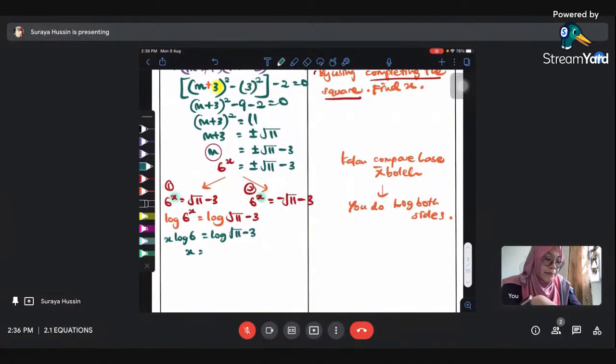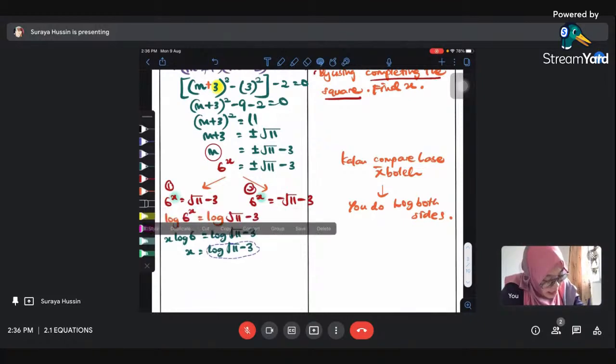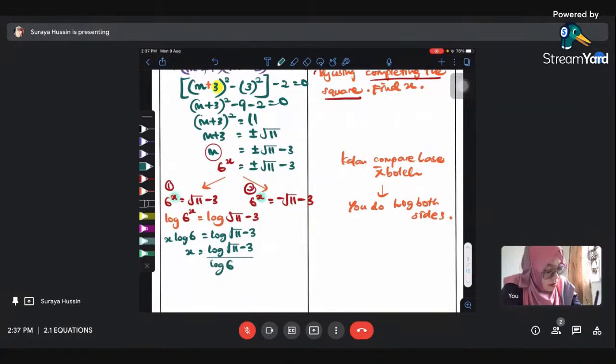And then I can finally make X as a subject. Saya duplicate je lah ya, senang sikit. And then I divide it with log 6. And therefore I got my answer, which is negative 0.6418.